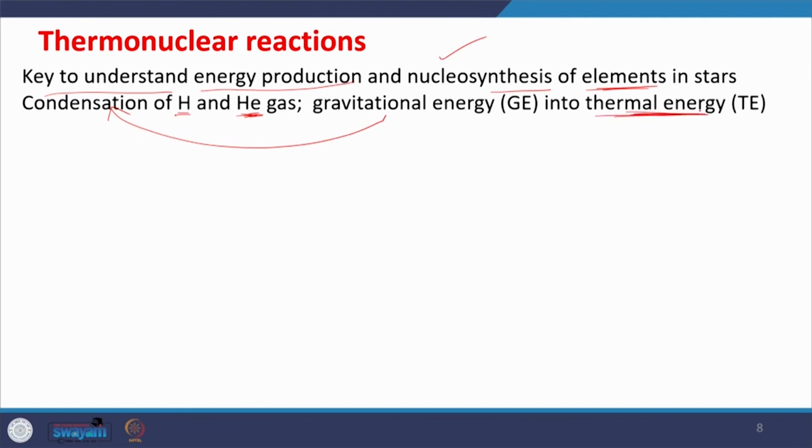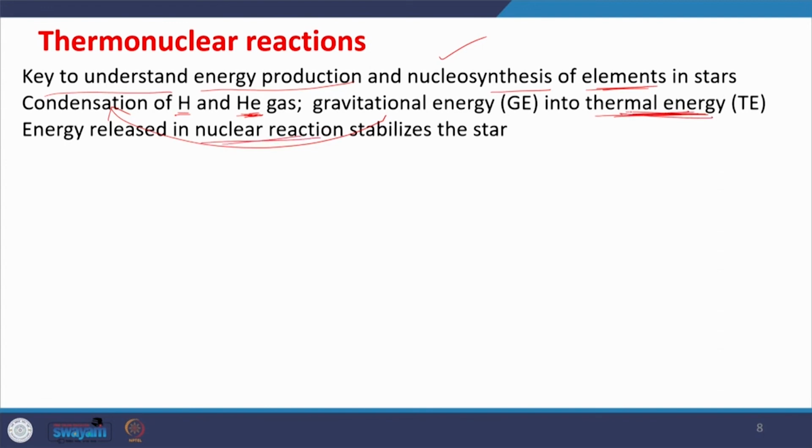This thermal energy causes nuclear reactions to take place, and the energy released in those nuclear reactions stabilizes the star for a long time in general.